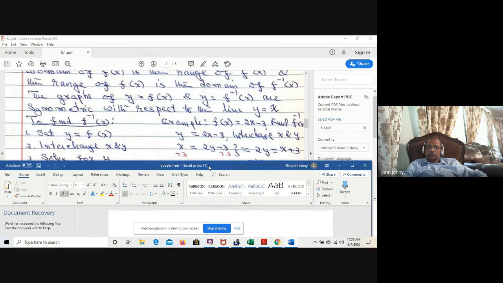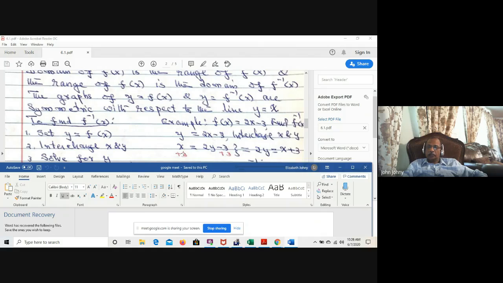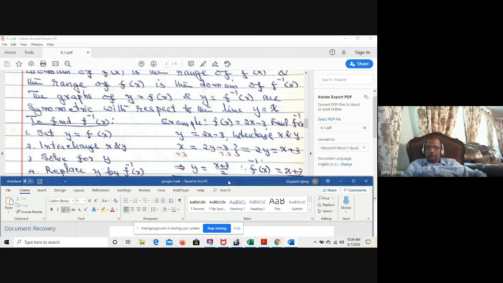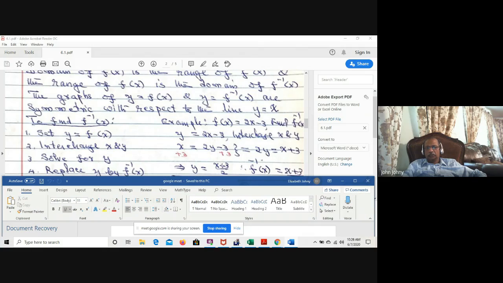And you add 3 on both sides. It becomes 2y equals x plus 3. Now divide both sides by 2. You get y equals (x plus 3) divided by 2. And the final step is to replace y by f inverse x.